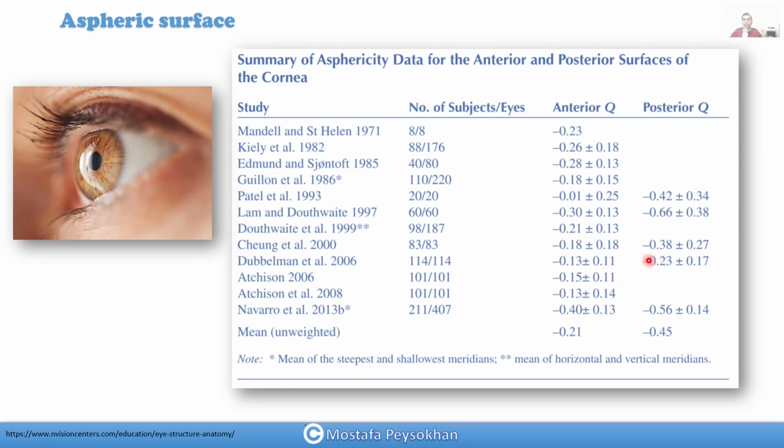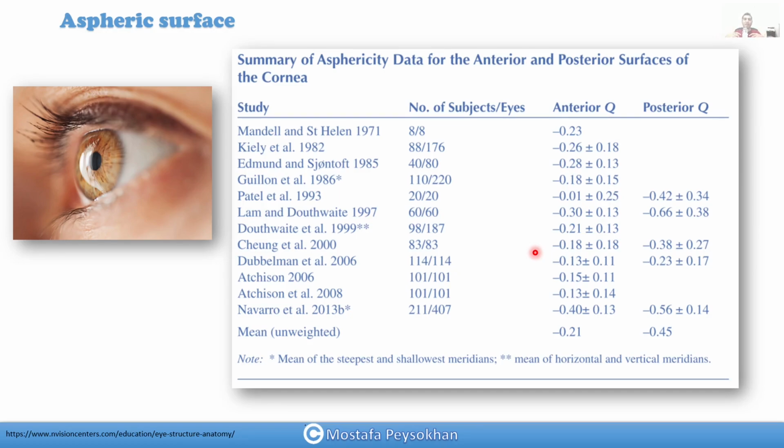We have some data for the posterior, and for the posterior it's the same. We have a big standard deviation and even variation in the mean. So it looks like we don't have a good way of measuring it, or even if we can measure it, it changes between people a lot.